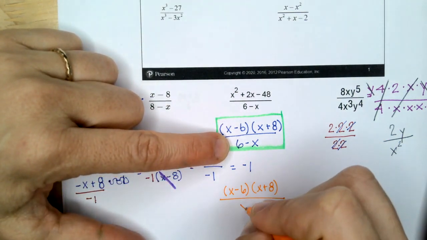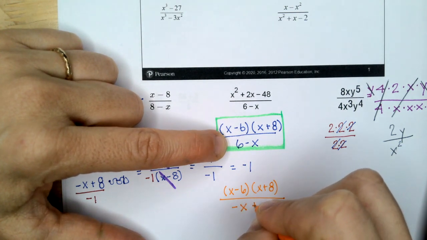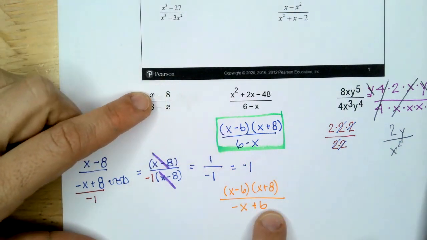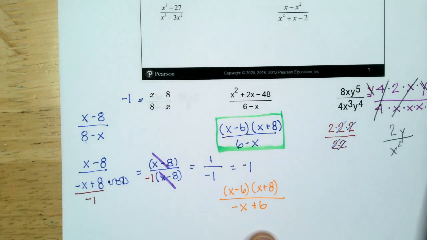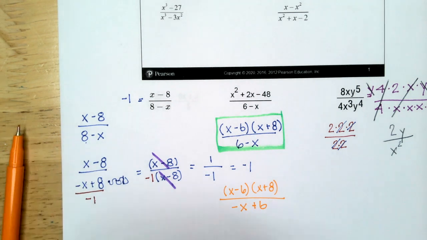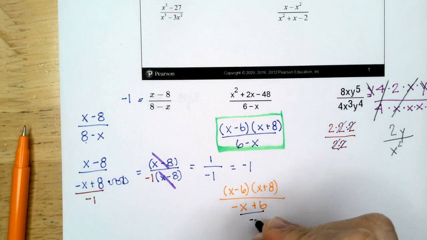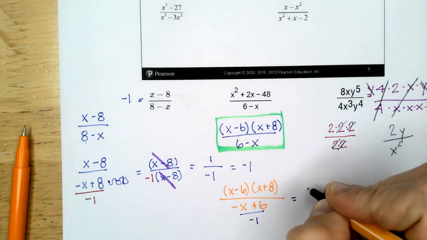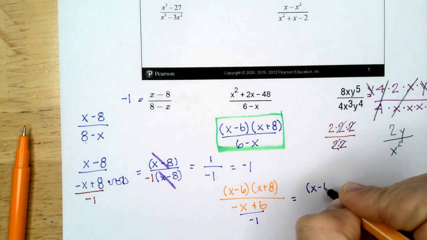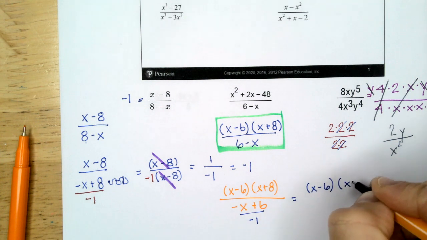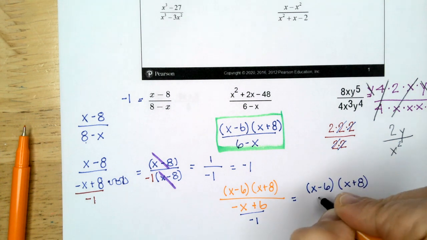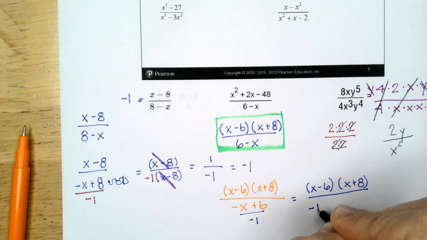I'm going to put it in order, in standard form, so order of exponents. This is x to the first power, this would be x to the 0 power, so this goes in front, okay? Now, just like I did here, I'm going to divide by negative 1. So that means I have x minus 6, x plus 8. That negative 1 has been divided out.